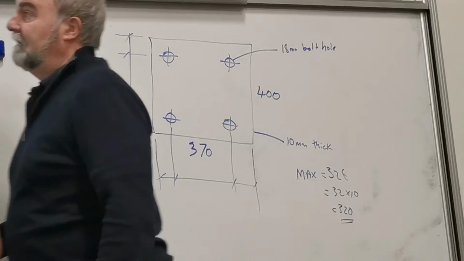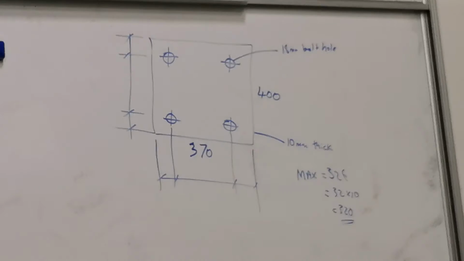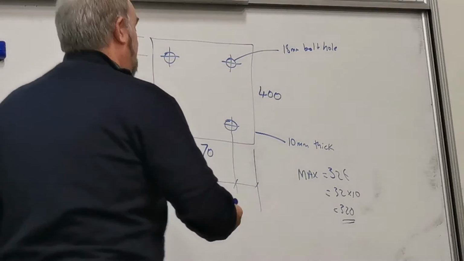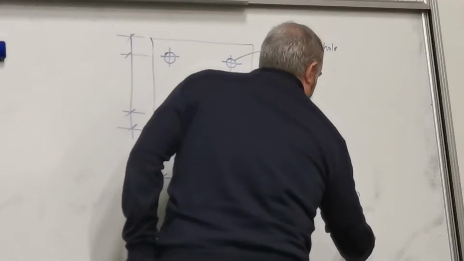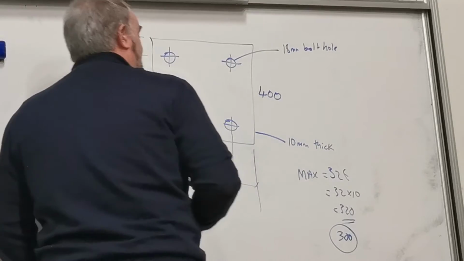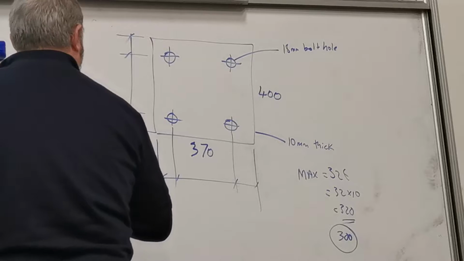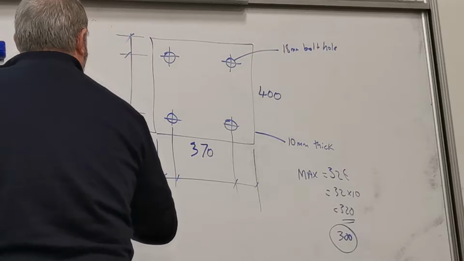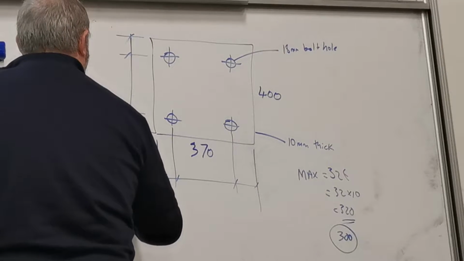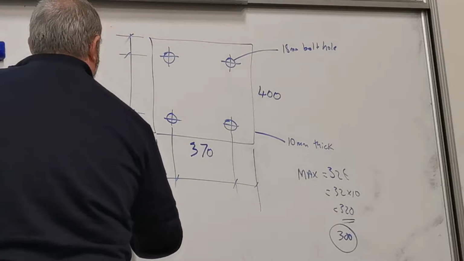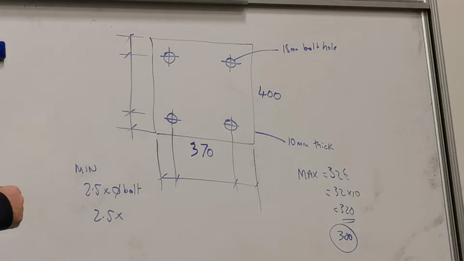However, because the maximum is 300 in all cases, we have to go to 300. So our maximum is 300, what's our minimum? Minimum is 2.5 times the diameter of the bolt.